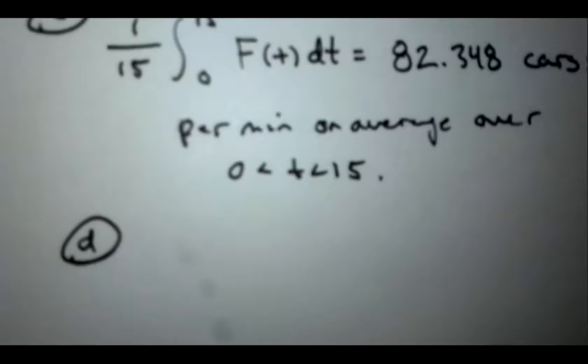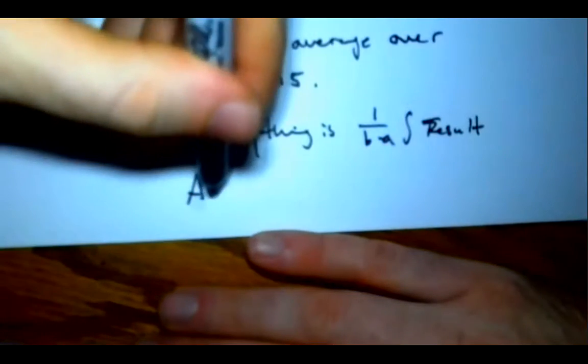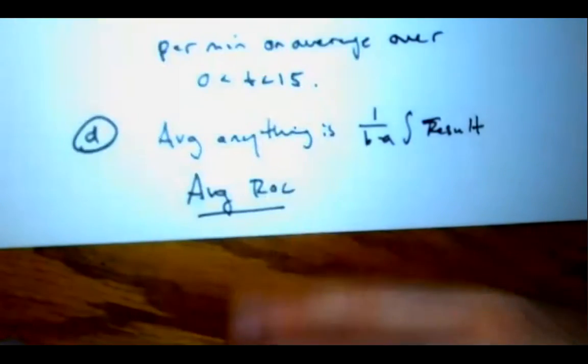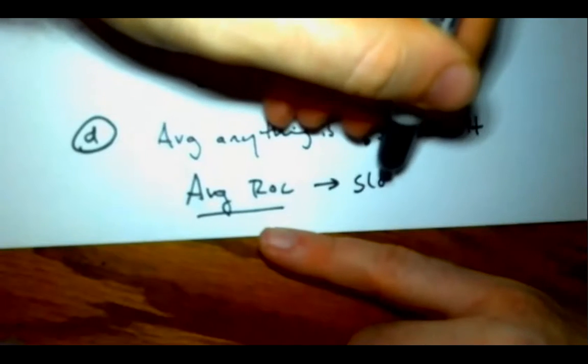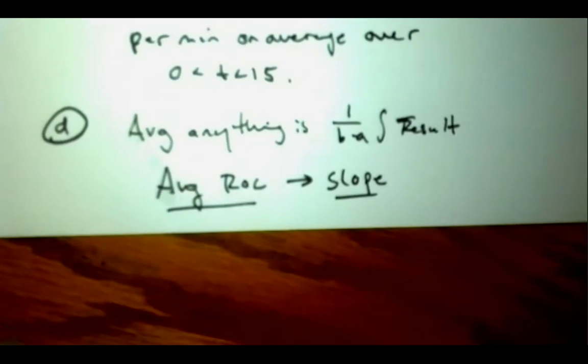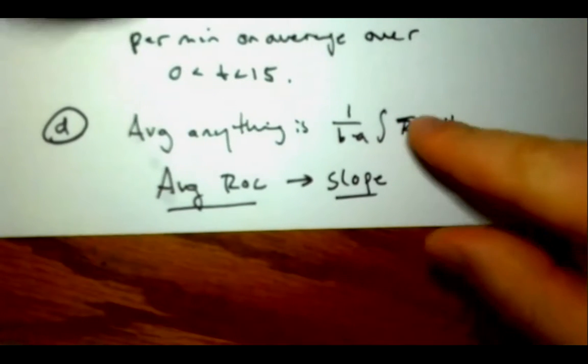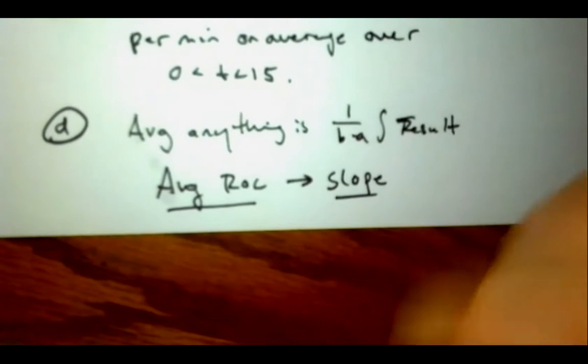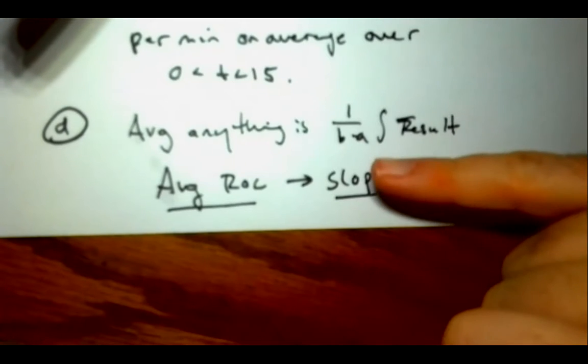Yeah, so let me make a rule here for you guys, because we use average value for everything. Average anything is always 1 over b minus a times the result. Now, when they ask for average rate of change, though, that's the exception to the rule for us. Average rate of change is just going to be, let's find the slope. You're still finding the average rate of change when you do this, but this one takes you backwards.